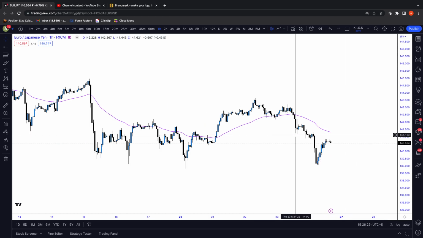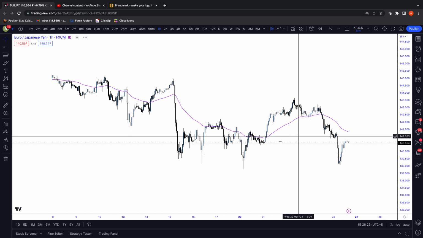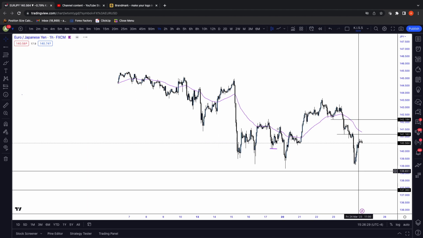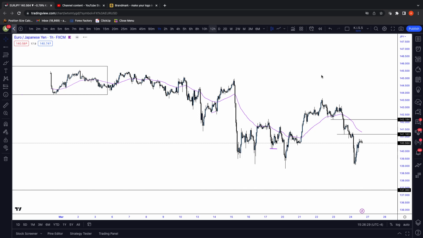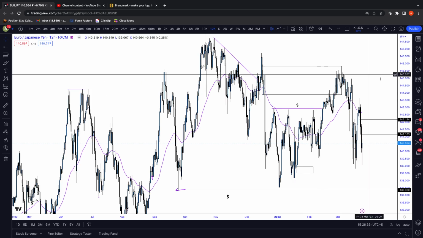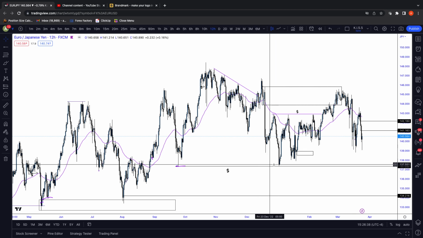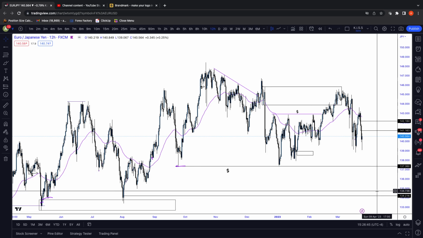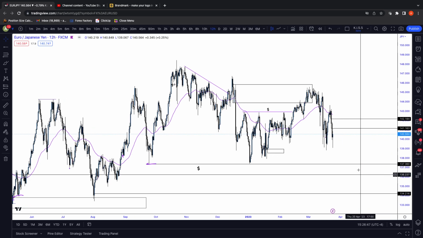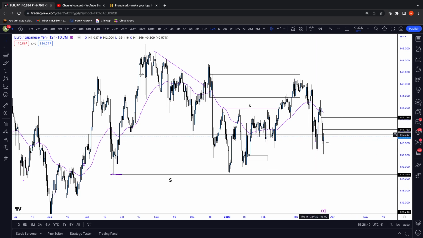Next up, Euro JPY. We did talk about the potential hedge opportunities on this one, but if you just step out to the higher time frame, you'll remember we do have very clean higher time frame equal lows right here on the 12-hour time frame, which I do believe price will be seeking out. I think this is going to be the objective, the draw on liquidity, around 137.35.